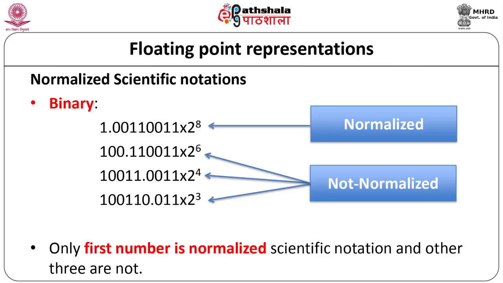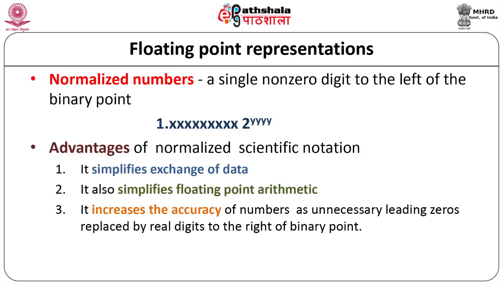Out of these 4 examples, only the first number is in normalized scientific notation and the other 3 are not. To keep the number in normalized form, it is necessary to have a base that we can increase or decrease by exactly the number of digits or bits.